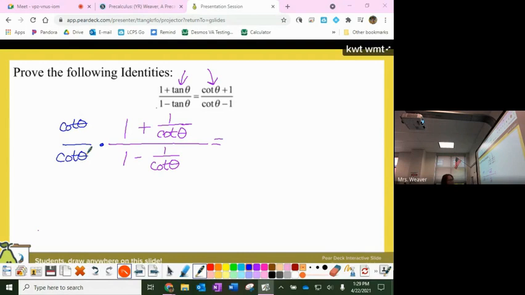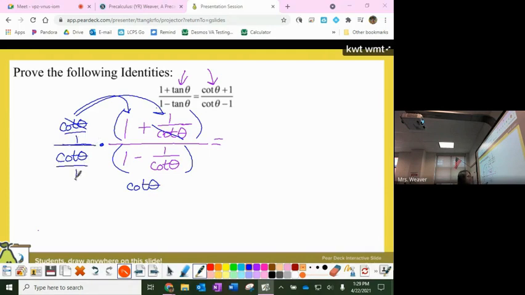value. So that's legal. Okay, so when we distribute to that entire numerator, cotangent theta times 1 is cotangent theta. When I distribute to the second term, the cotangent on top cancels with the cotangent on bottom. You can put this over 1 if you need to help you see it, okay? And that just leaves me plus 1 in the numerator.